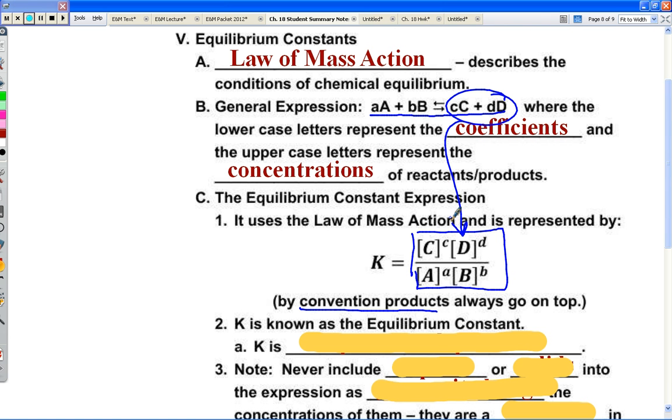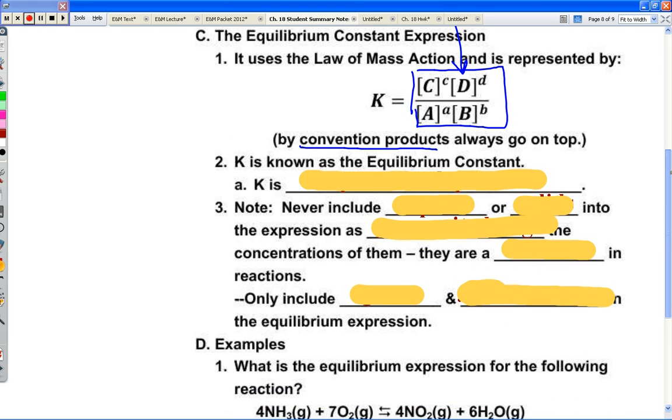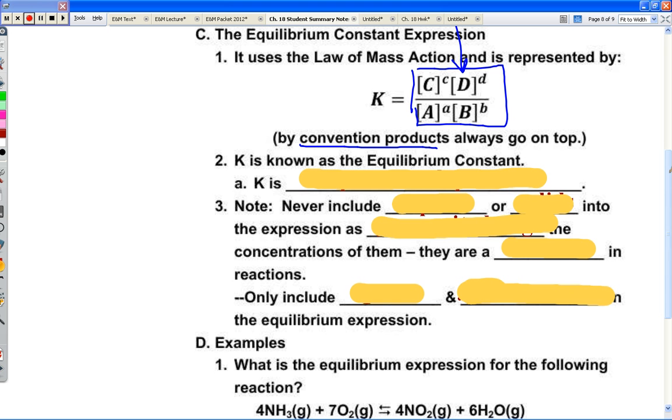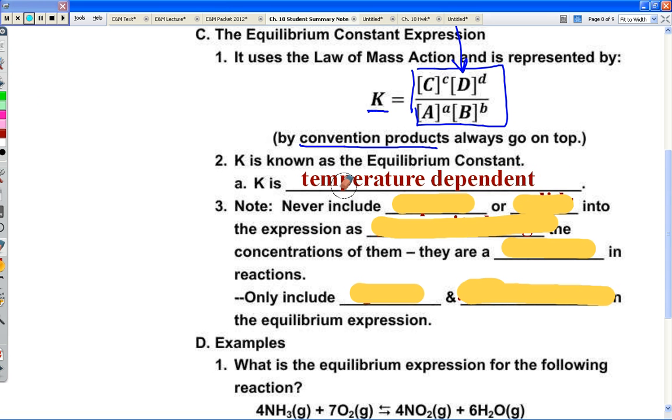So K then is known as the equilibrium constant, and it is through this that you can see, because this number is going to stay the same, that when certain things go up, other things are going to have to go down with our concentrations. So K is temperature dependent. In other words, if you increase the temperature, then K might change with that. So K should be given to you with a particular temperature in mind.